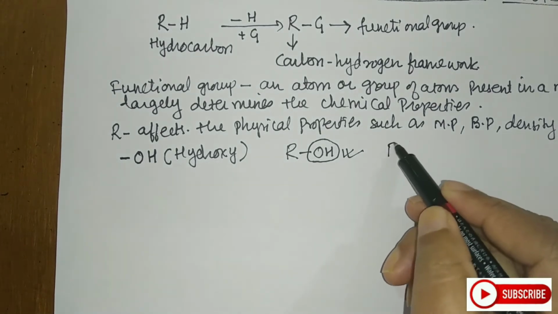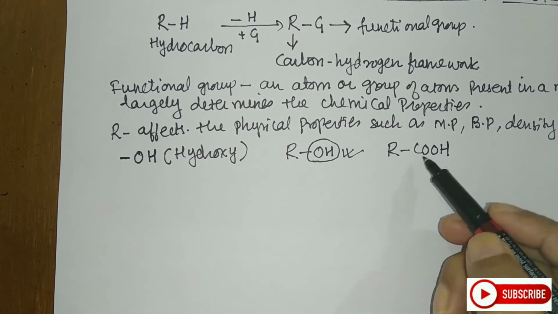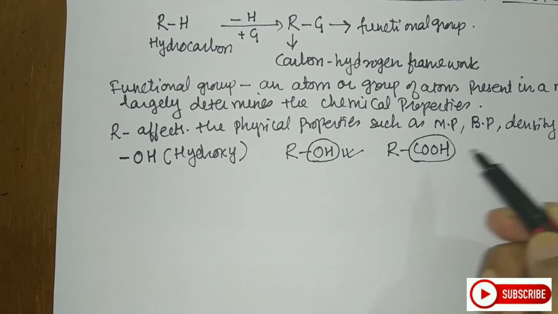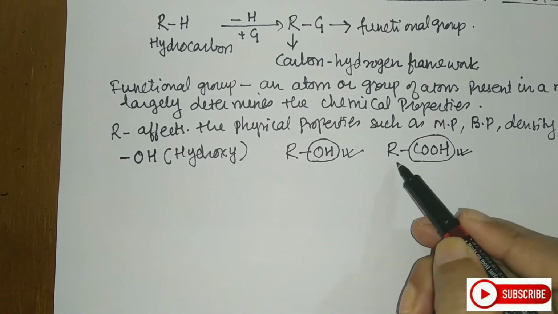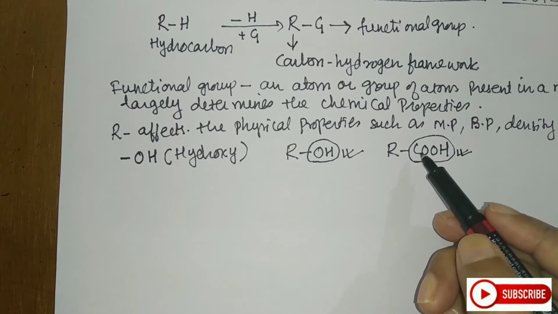Similarly, if I take some other functional group like COOH, carboxylic acid, then during the reaction only this group will undergo change while the rest will remain the same. So from this, you can say that the chemical properties of any organic compound are the properties of its functional group.